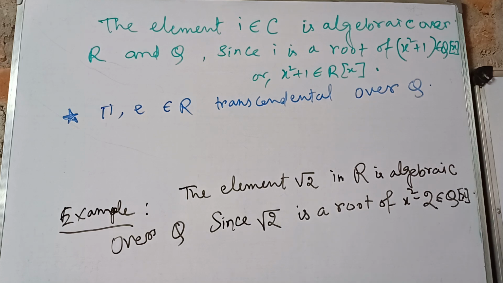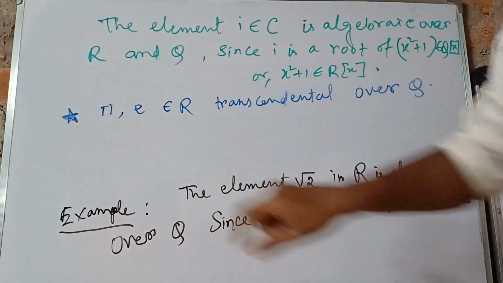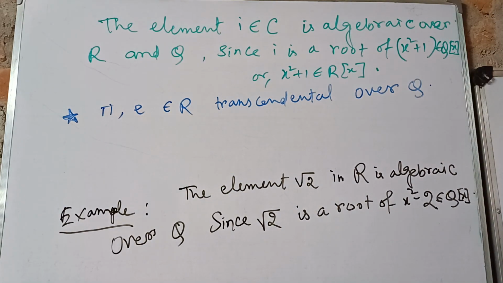This is not possible, so these two numbers pi and e we call transcendental.